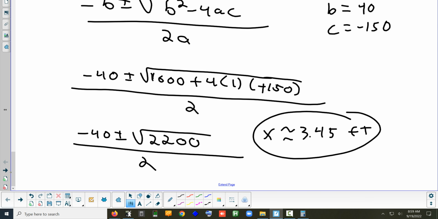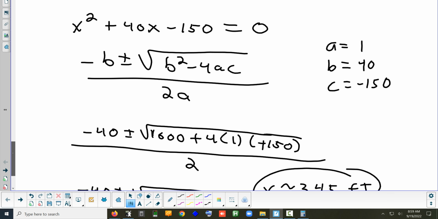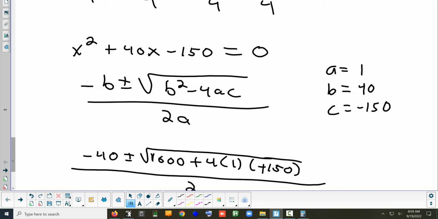Okay, so just a little bit of a review on how you solve a quadratic equation. Any questions, or anybody still need to copy that formula down? Questions?